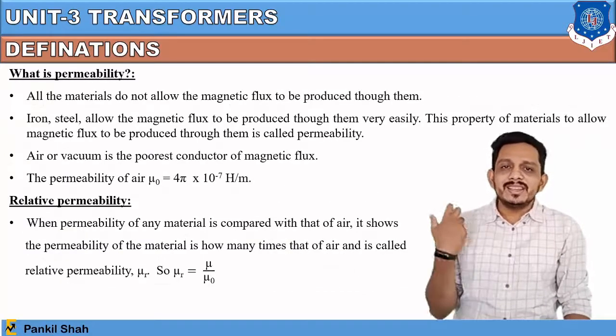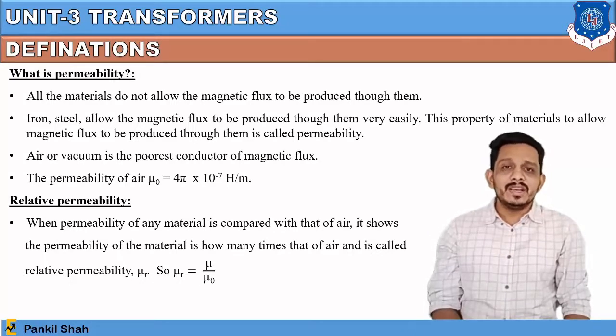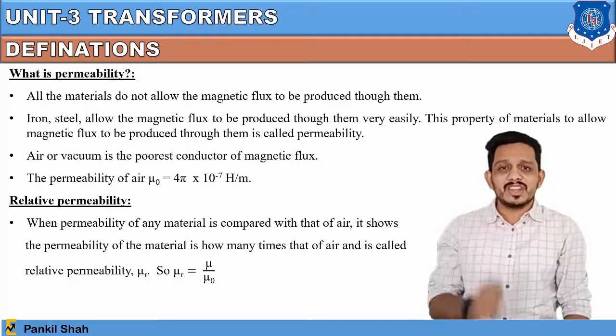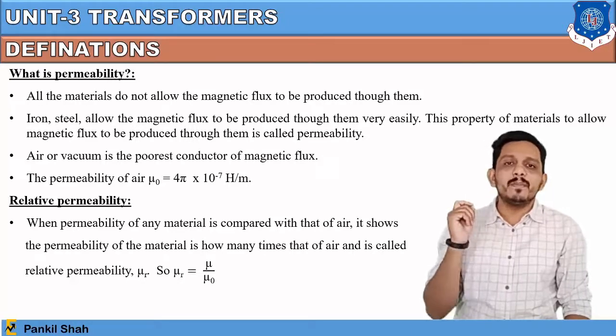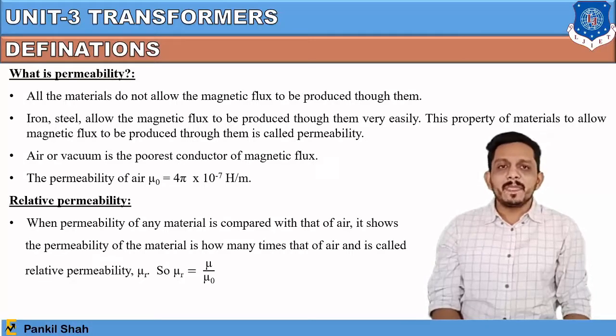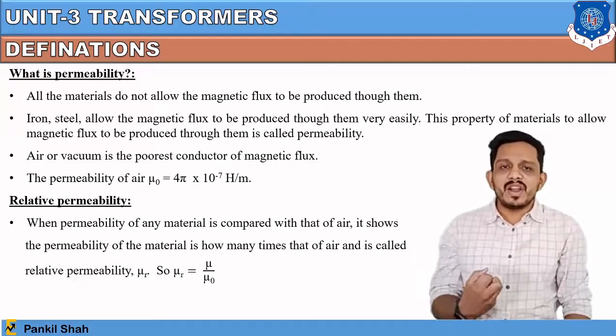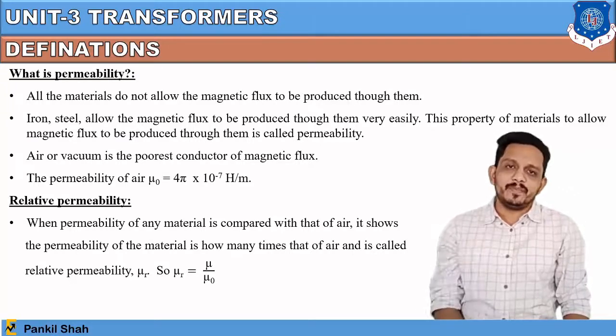Now let's see another definition, and that is permeability. Permeability is the most important one related to magnetic materials. So let's see what permeability is. All materials do not allow magnetic flux to be produced through them.